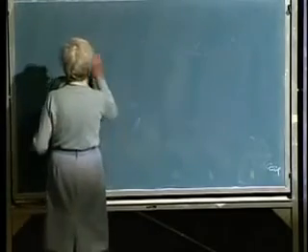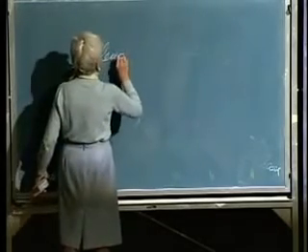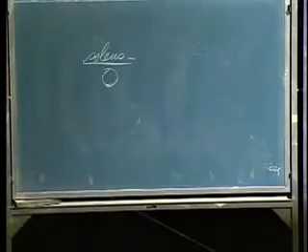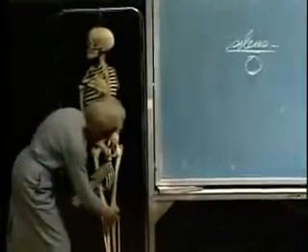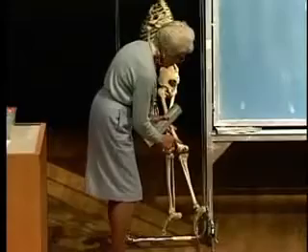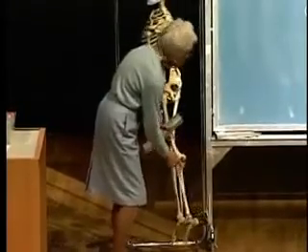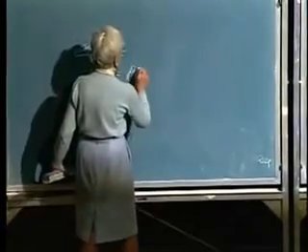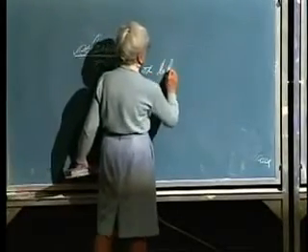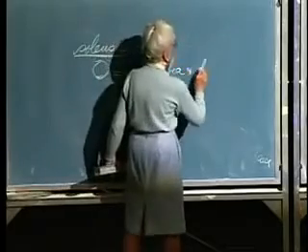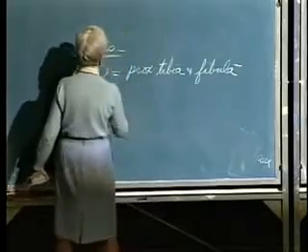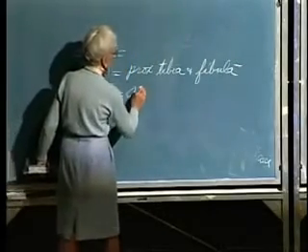And the soleus will originate from the proximal tibia and fibula, so it's not crossing the knee joint, and we'll be inserting in the Achilles tendon too.